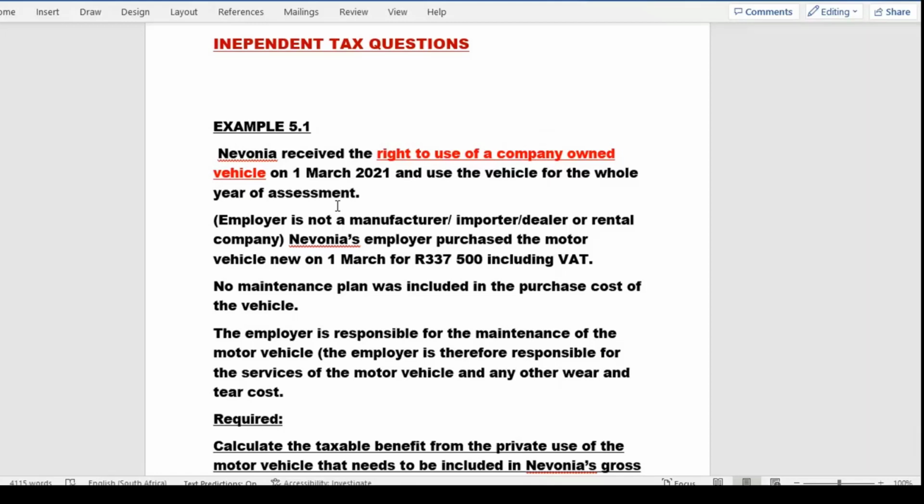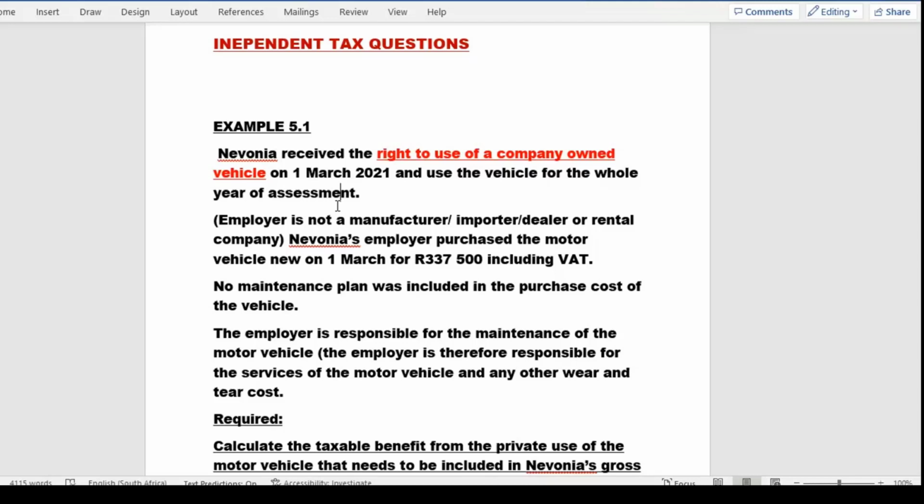All right, it says that Novania received the right to use the company owned vehicle on the 1st of March 2021 and used the vehicle for the whole year of assessment, which is a 12 month period. The employer is not a manufacturer or an importer or a dealer or a rental company. The employer purchased the motor vehicle new on the 1st of March for 337,500, including the VAT. No maintenance plan was included in the purchase cost of the vehicle.